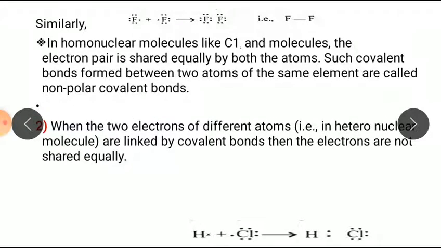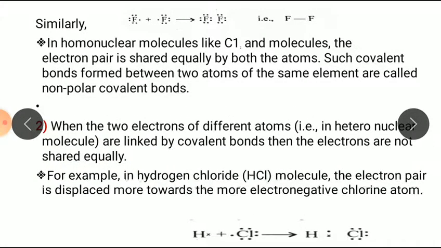We have just seen homonuclear molecules, right? Now we will see heteronuclear molecules. When two different atoms are joined by covalent bonds, the electrons are not shared equally. For example, in the hydrogen chloride molecule, HCl, the electron pair is displaced more towards the electronegative chlorine atom.